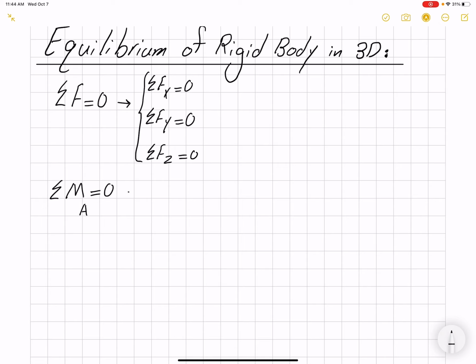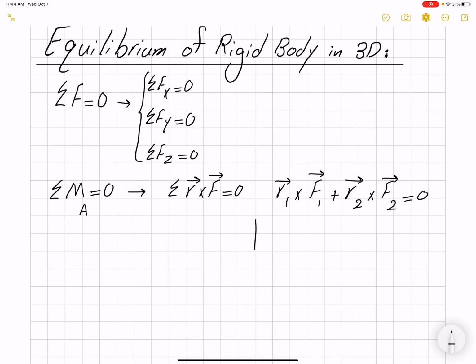If I use the definition of moment, r cross F, I can say that the summation of r cross F would be 0. That means that if I have two forces that are creating moment about point A, that would be r1 cross F1 plus r2 cross F2 would be 0.